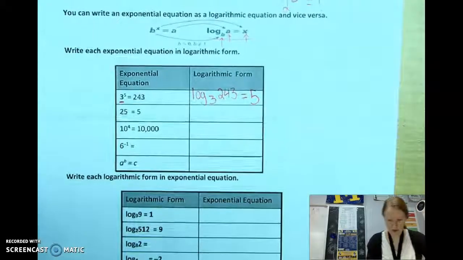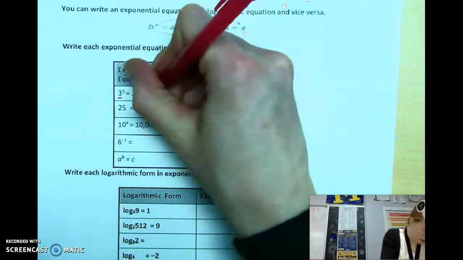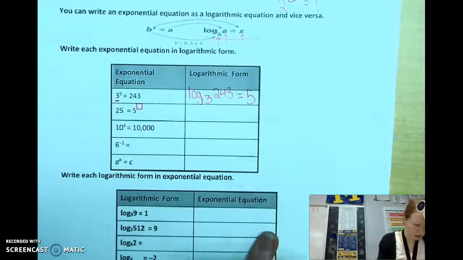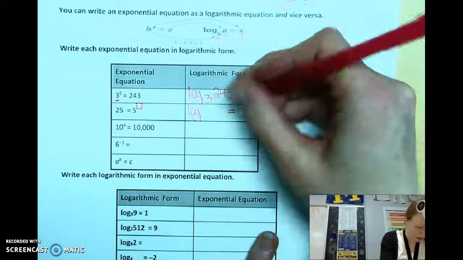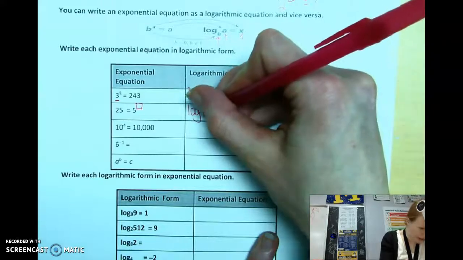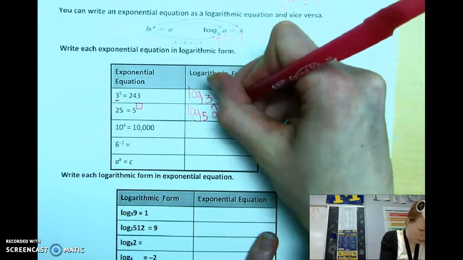Looking at this next question, it says 25 is equal to 5 to what power? In this case, we are looking for the power, so that is going to be that box. Our base is 5 because we're looking for 5 to what power gives me my answer of 25.